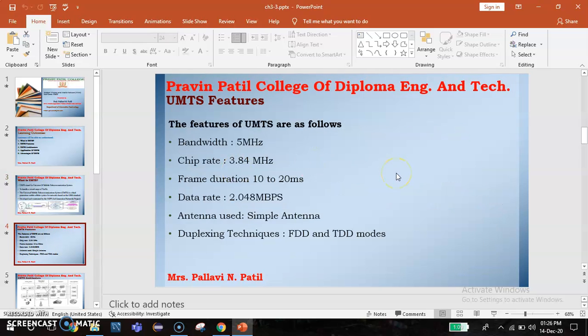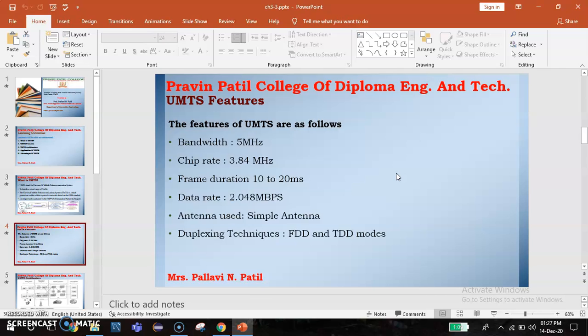Next, UMTS features. The features of UMTS: bandwidth 5 MHz, chip rate 3.84 MHz, frame duration 10 to 20 ms, data rate 2.048 Mbps, simple antenna use, duplexing techniques FDD and TDD mode.